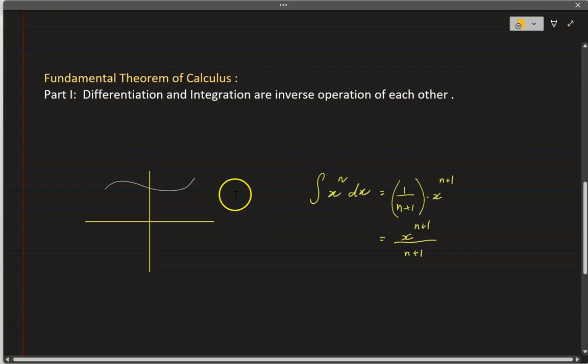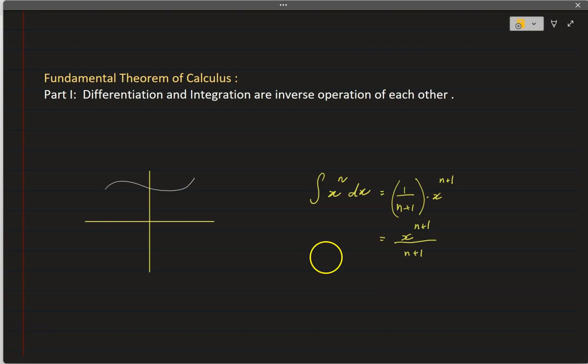It's very famous. All right, so the first part is very simple. It says that differentiation and integration are inverse operations of each other, and basically the antiderivative that we did is your integration. What it means is that if you are taking the integration of this function f of x, you're going to find the area under this curve.